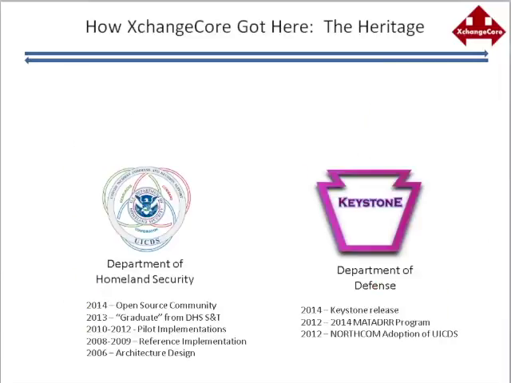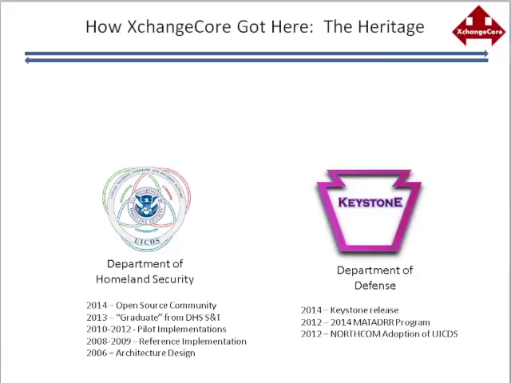Taking a look at the next page, let's start to take a look at some of the heritage here, how XchangeCore got here. Those of you who have been tuning into the usage call for years know that architecture was done quite a while ago. And we had a gap from 2006 to 2014. There's about 2.5 years of funding gaps there as Department of Homeland Security continually evaluated proceeding through the continued development of usage.